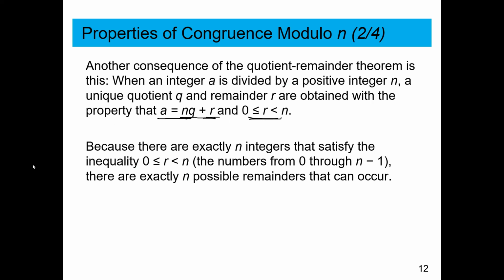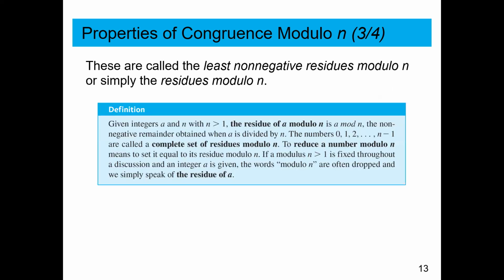This is a major point that students have to understand and why modular arithmetic is actually hard, and it's used for cryptographic reasons. So we call the least non-negative residues, or simply the residues mod n, the set of numbers from 0 to n minus 1. Those are all the possible remainders.